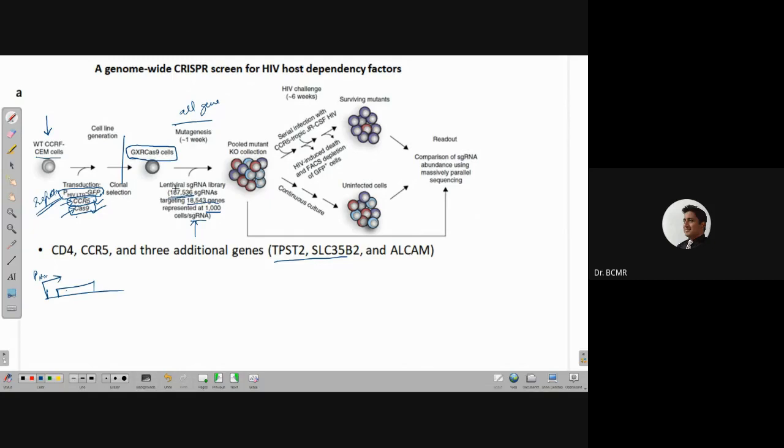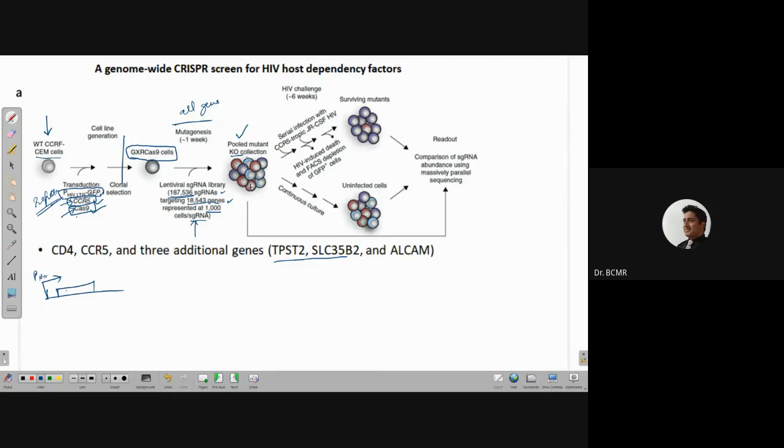They made 187,000 sgRNAs targeting these genes. Then they did the mutagenesis, and pooled all the mutant knockout collection. So in all the different cells, one or another gene is inactivated.